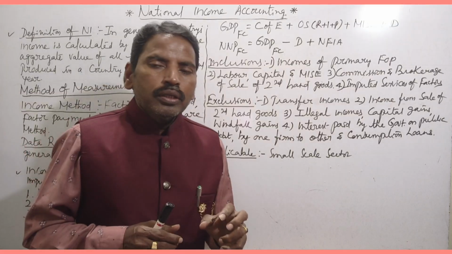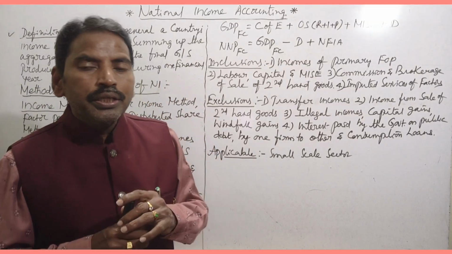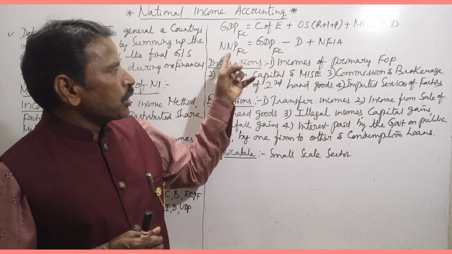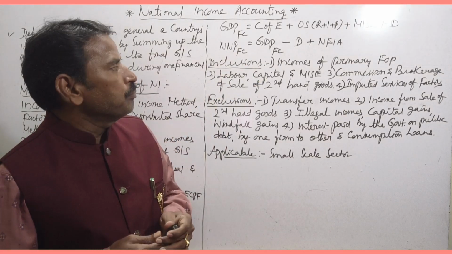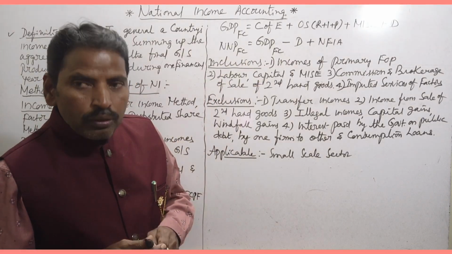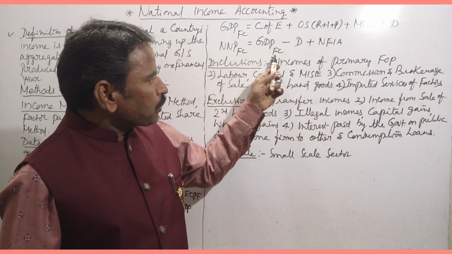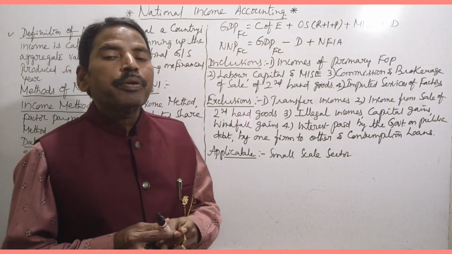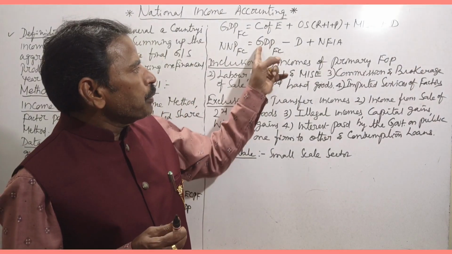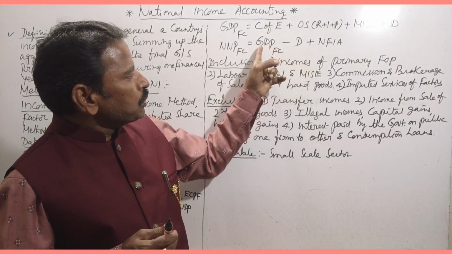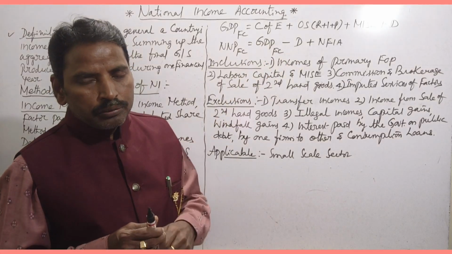Then how to calculate national income? NNP factor cost, or national income, is equal to GDP factor cost minus depreciation, which gives NDP factor cost.